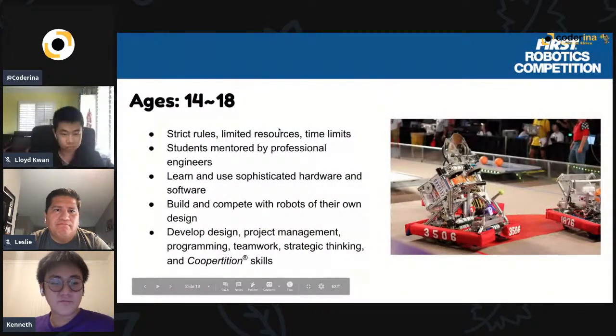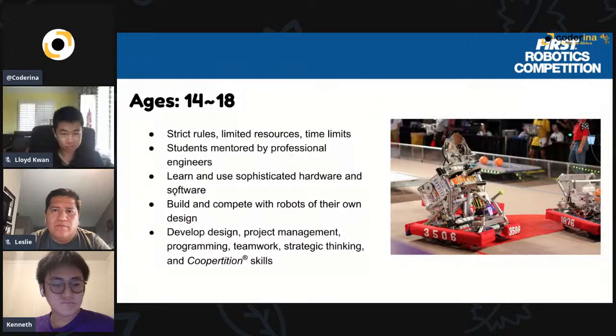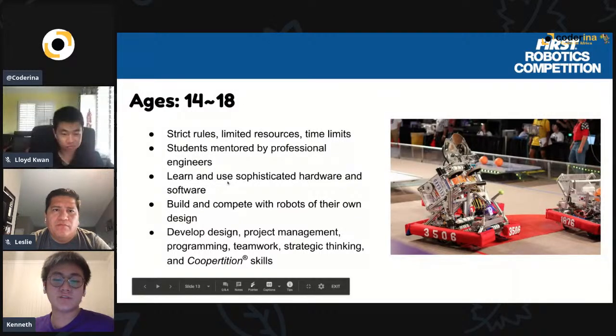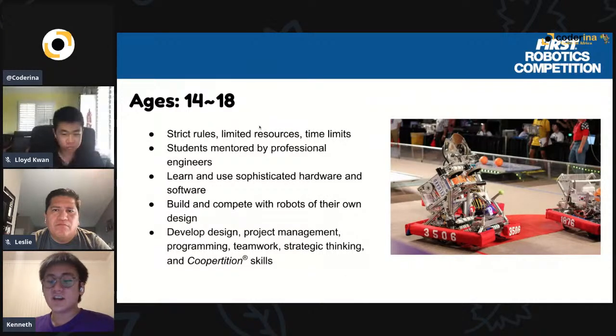Maybe you can read over this yourself in the future. I want to quickly go over this. The FIRST Robotics Competition is essentially a competition with really strict rules. It's like in the engineering field, where you're given really strict criteria. If you remember, last week we talked about criteria.